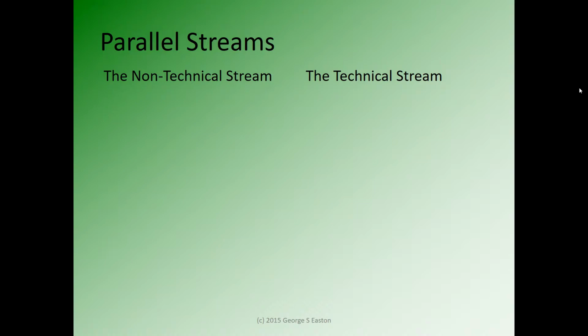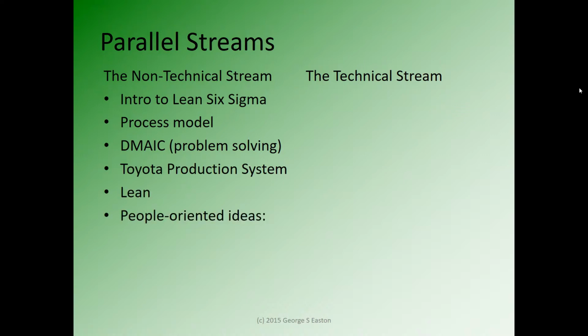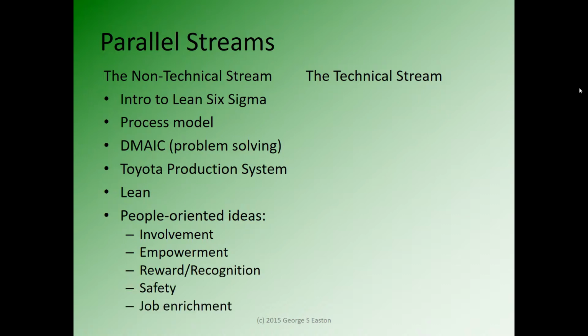In the non-technical stream, we'll be looking at things like the introduction to Lean Six Sigma, what the process model is, the problem-solving process, the Toyota production system, what Lean is, and a variety of people-oriented ideas such as involvement, empowerment, reward and recognition, safety, and job enrichment.